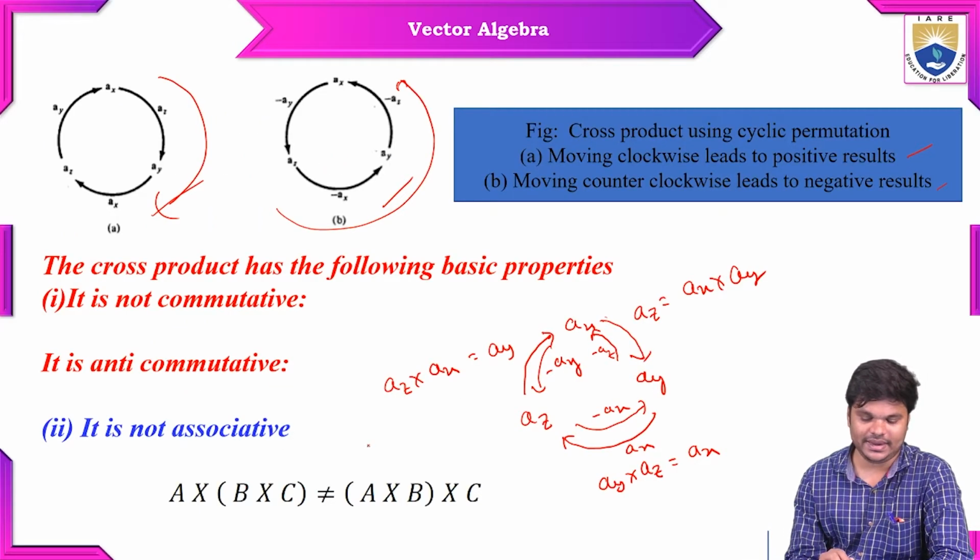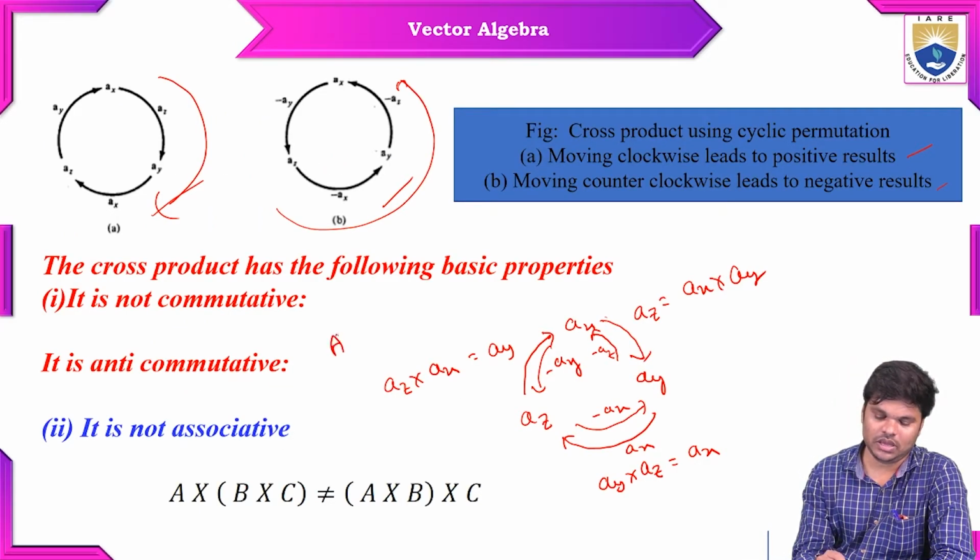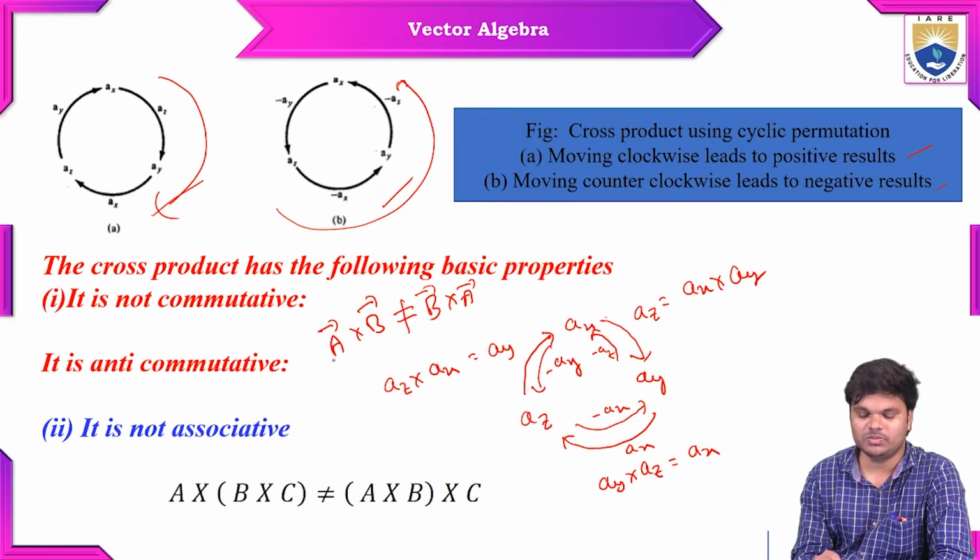That means A cross B is not equal to B cross A. So that's why it is anti-commutative. Whereas the dot product obeys the commutative property. Here it doesn't obey the commutative property.